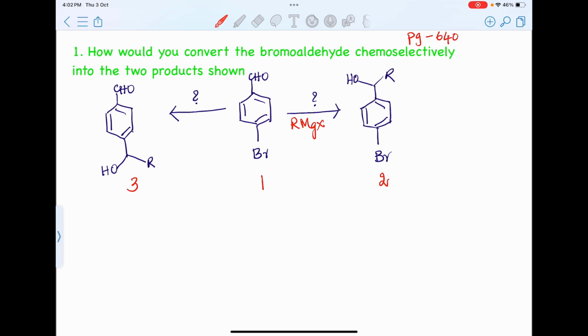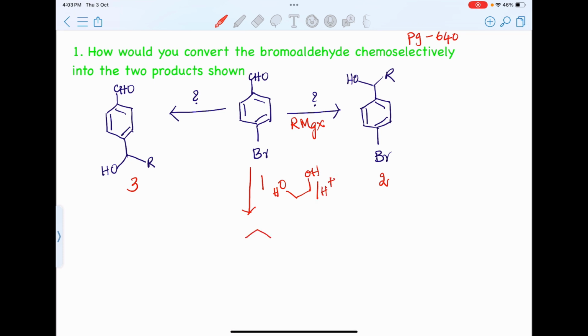So here we convert this aldehyde into a suitable protecting group. So let us do protection of the aldehyde into an acetal. So we will react it with ethylene glycol in the presence of some acid.